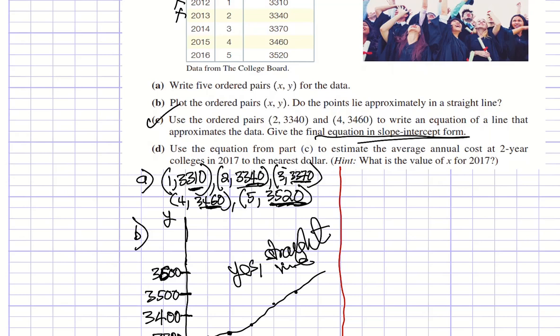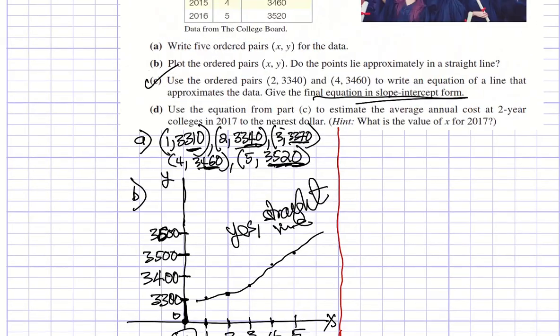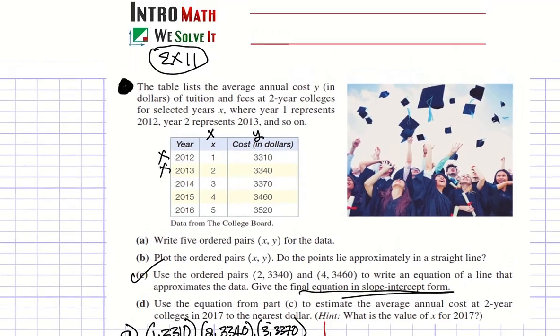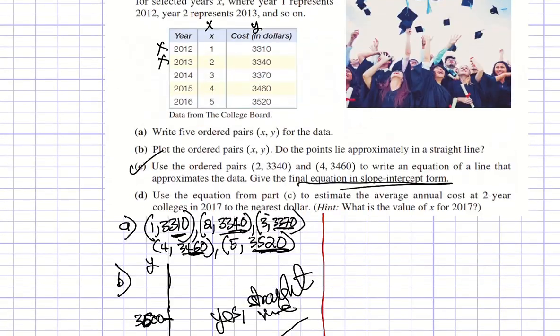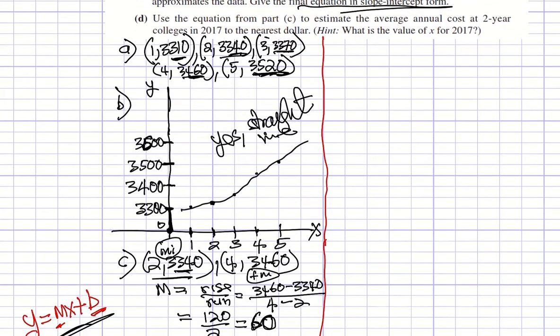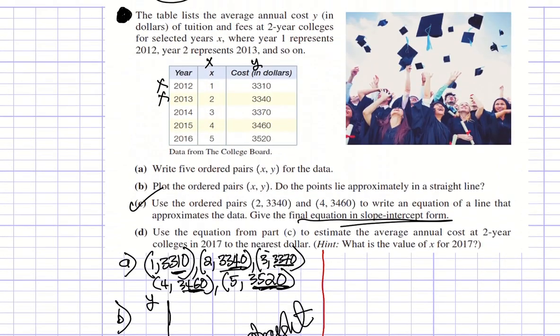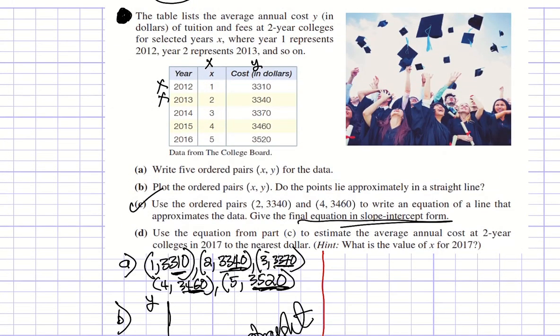Let me make sure I understand that. 2017 is not even given. Each year is represented by 1, then 2, then 3, then 4, then 5. So 2017 will be 6.